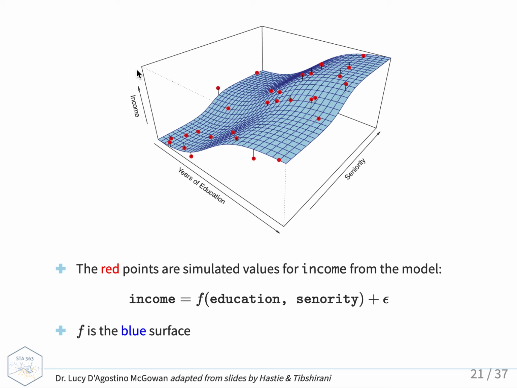Income equals some function of education and seniority plus some error. And f here is the blue surface. And so the true underlying function is this blue surface, and the red are the actual simulated points that were simulated from that function.